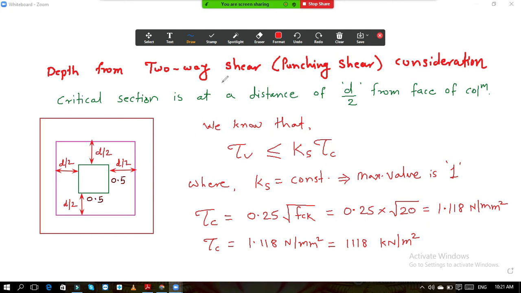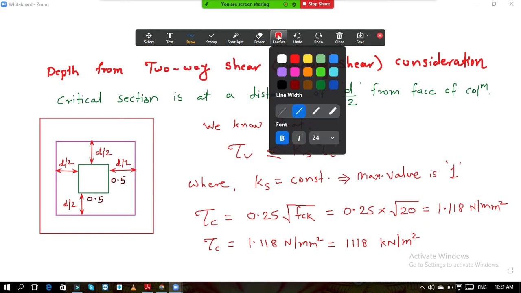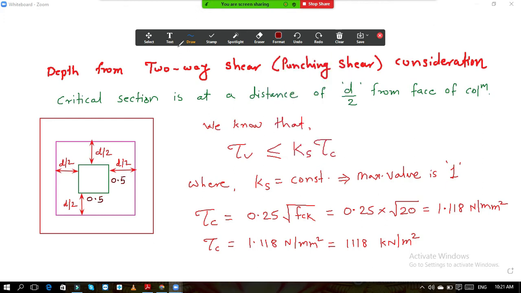Okay. So now after this, see here, this distance. Now if you measure this distance, this much, and then this distance, how much is it now? So to calculate this much distance, this is 0.5, this is 0.5, on this side it is d by 2, on this side it is also d by 2.